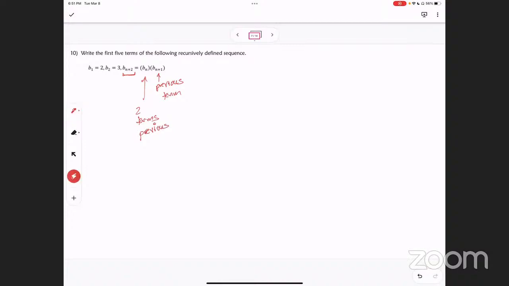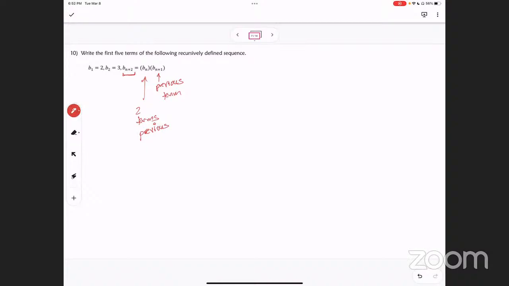How does B sub n mean two terms previous? Well, because they're telling you that your B sub n plus 2 term, if n is 1, this would be your third term equals your first term times your second term. Does that make sense? Yeah.